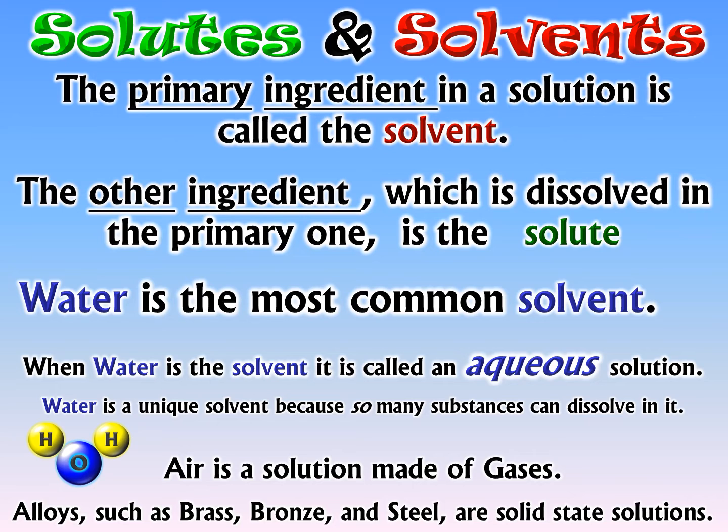Those are metal solutions made of multiple metals combined, and that's a solid state solution. So you can have solutions that are gas, we'll talk about that later. You can have solutions that are solid, we'll talk about that later as well. But for the most part, like the stereotype, solutions are going to be in liquid form, and most of those will be aqueous.